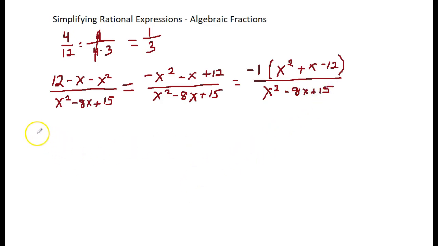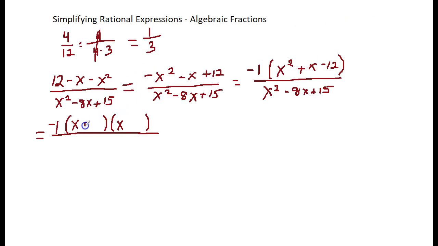All right, now what I'm going to do next is I'm going to factor both the numerator and the denominator. So I can't forget I have to have that negative 1. So parentheses. Okay. Now, x squared gives me an x and an x. My last one is negative, so that means I need opposite signs.